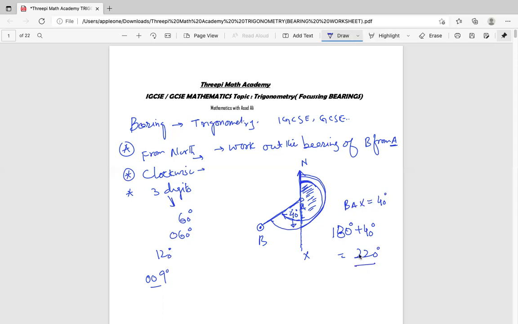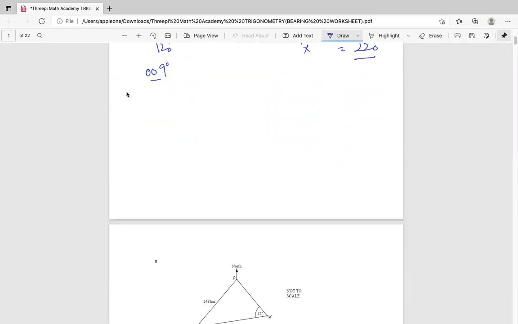Now I'm giving a second example. Example number 2. I'm making a rough diagram here first. I want to erase this part.